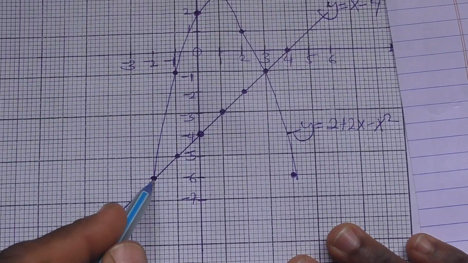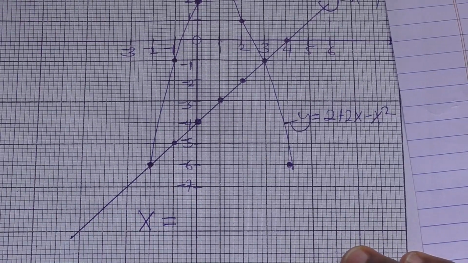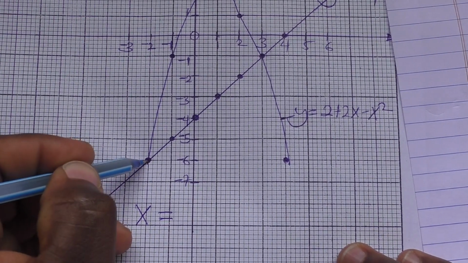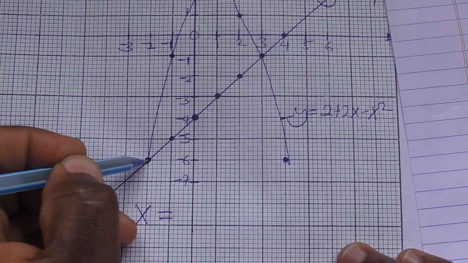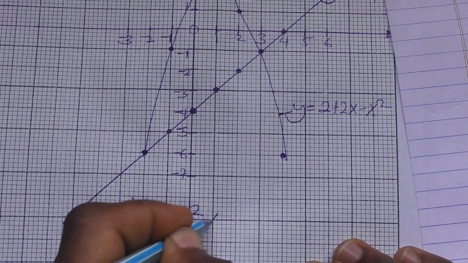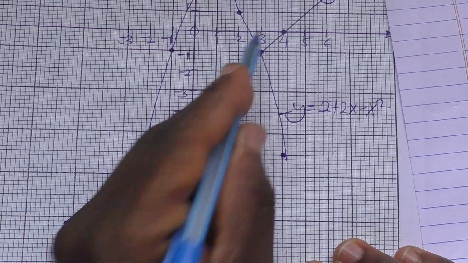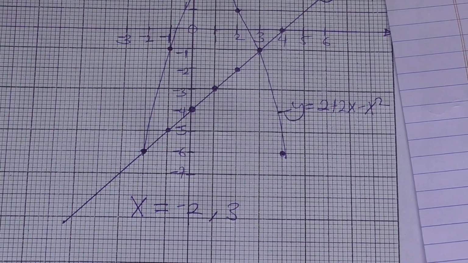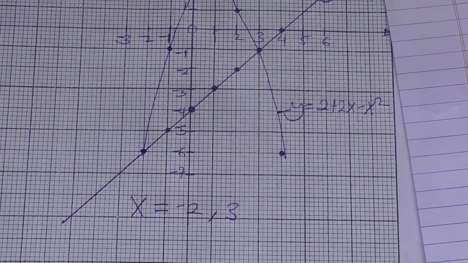So from the graph, our solutions to that question are the x values where the straight line is intersecting or cutting the curve. So it is -2 and 3. This is the x value. So -2 and 3. Those are our answers to such a question.